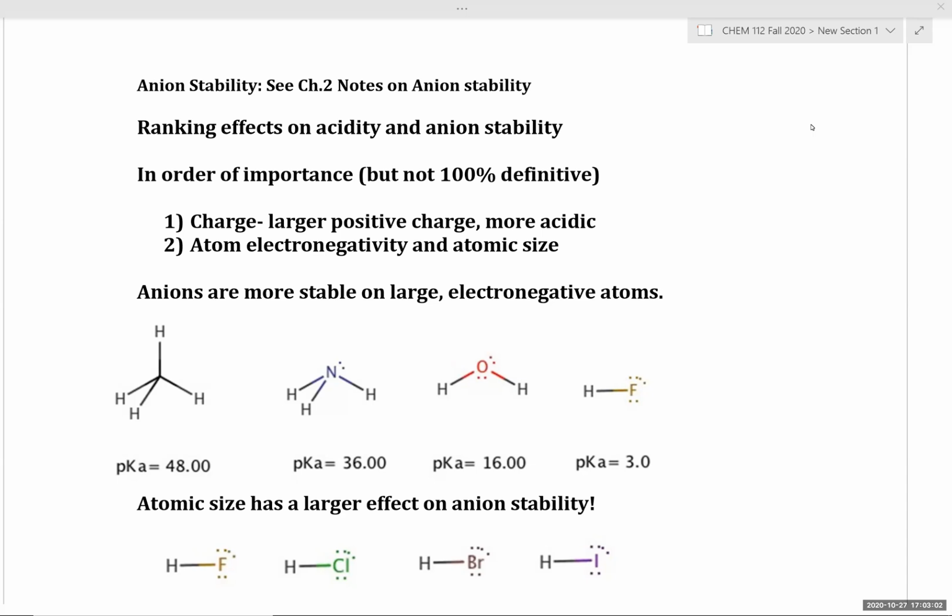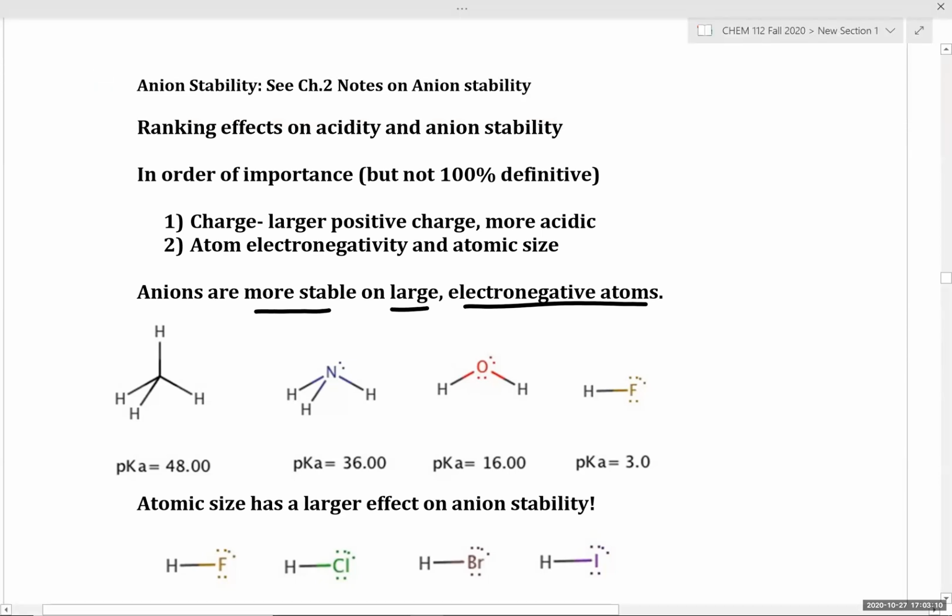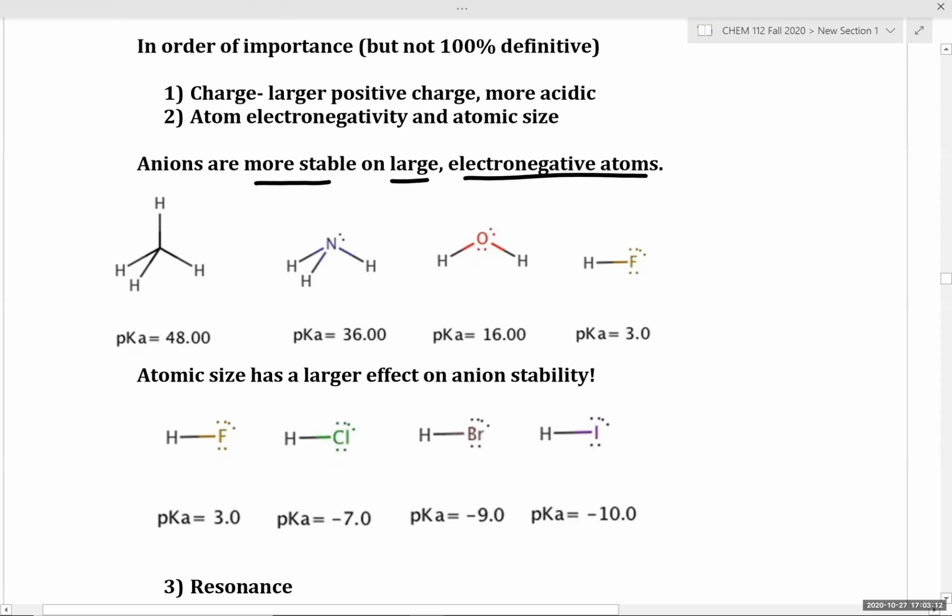anions in general are more stable on large electronegative atoms. We can see this quite clearly by looking at the pKa's of a variety of acidic protons. And we notice quite clearly that as our atom electronegativity increases, our conjugate base anion is more stable.